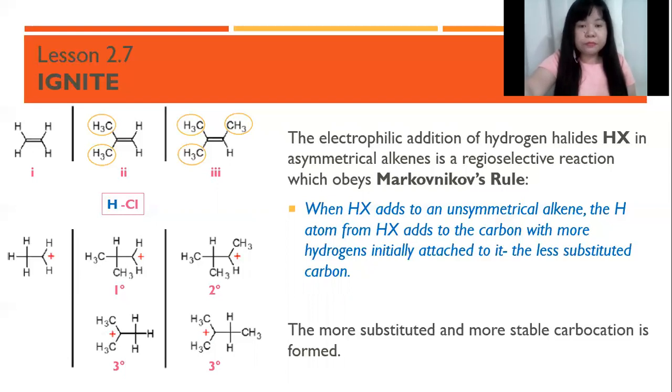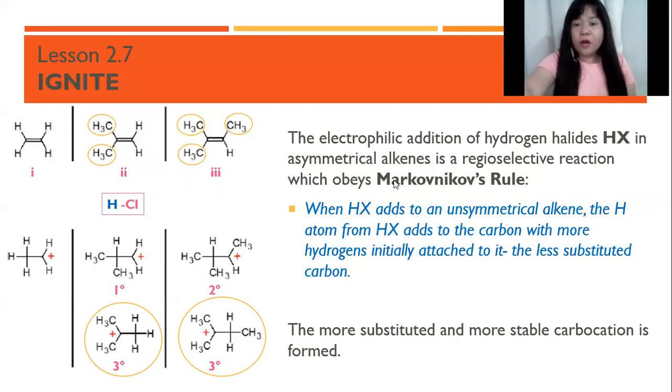And then for this other structure, the hydrogen would prefer to be placed on the less substituted carbon, that would be here. So it would be placed here while the positive charge is assigned to the other carbon. So as a consequence, the more substituted and more stable carbocation is formed. So these two, the tertiary carbocations, are formed.